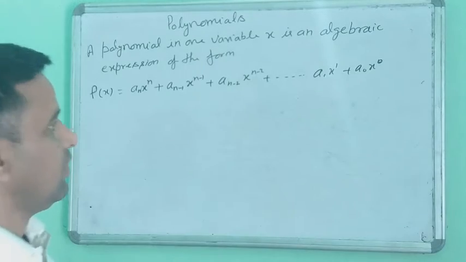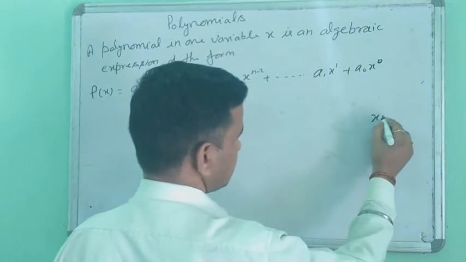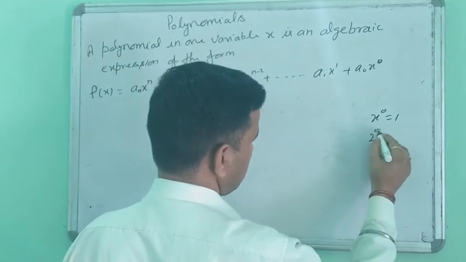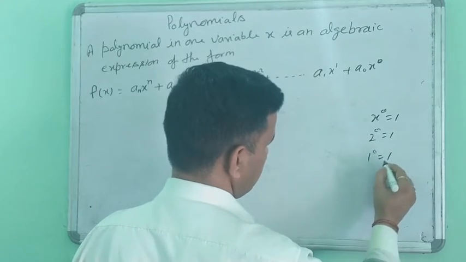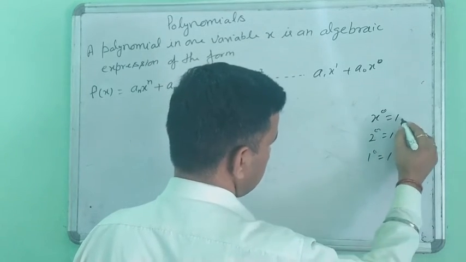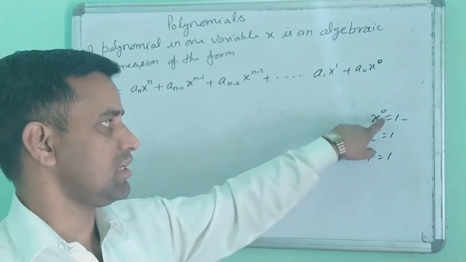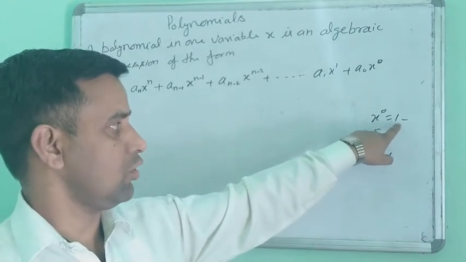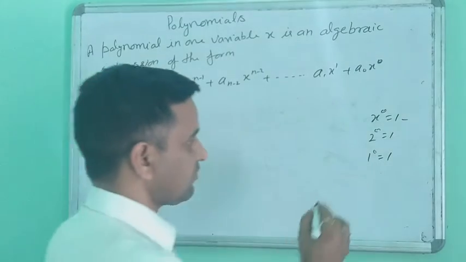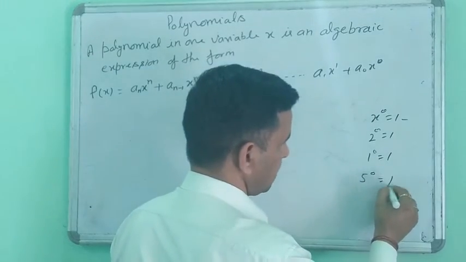You know that x to the power 0 is 1. Suppose 2 to the power 0 is 1, 1 to the power 0 is 1. So x to the power 0 is always 1. Any variable or any constant number having exponent 0, the result will always be 1. Suppose you write 5 to the power 0, the result is always 1.